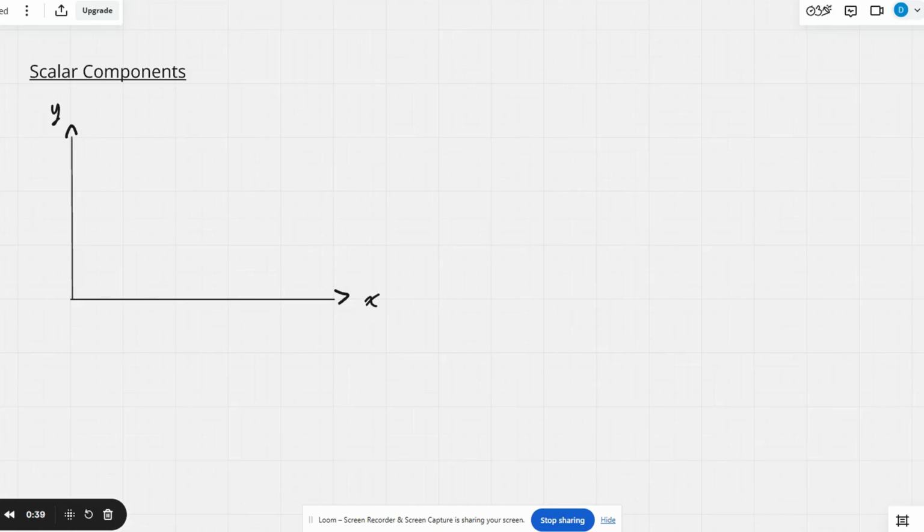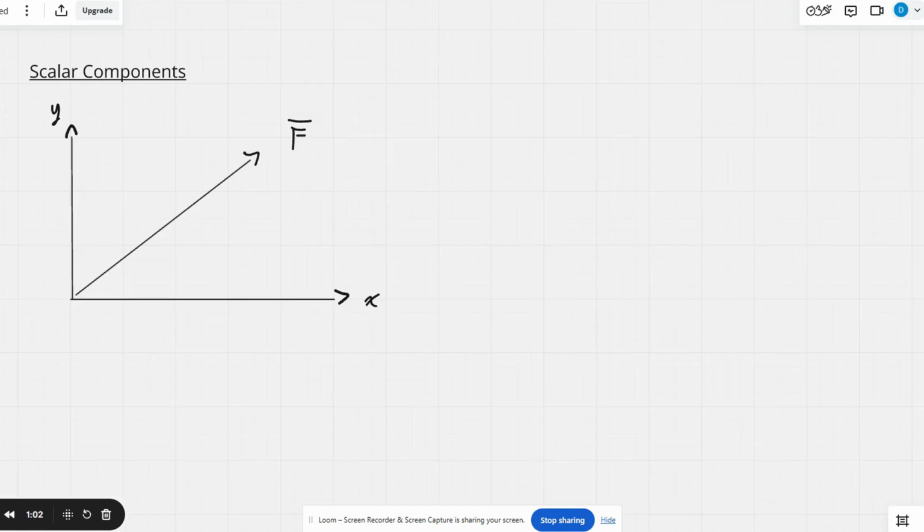And let's consider we have a vector along in this plane. Let's say we have this vector here, and this vector we'll call vector f.